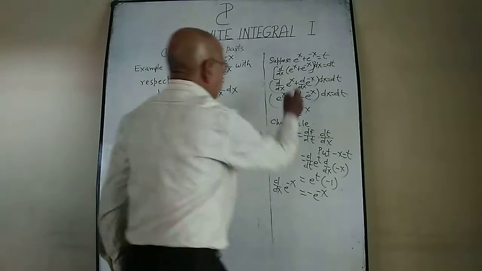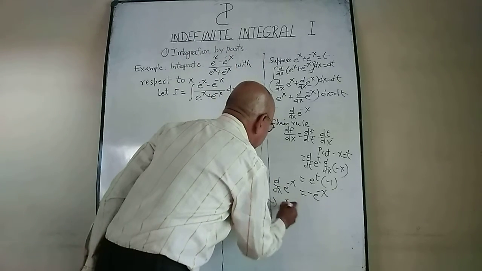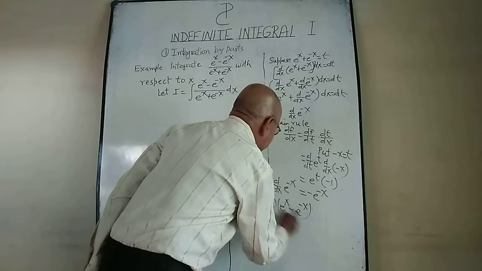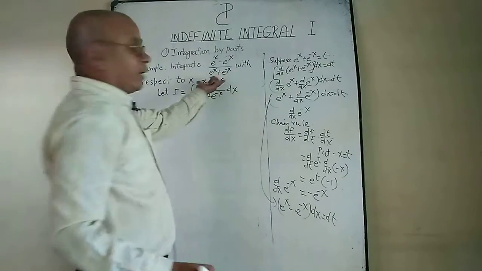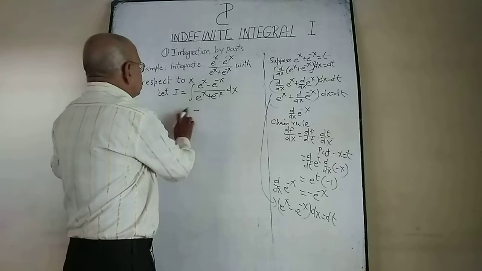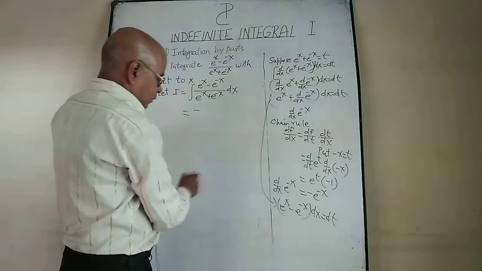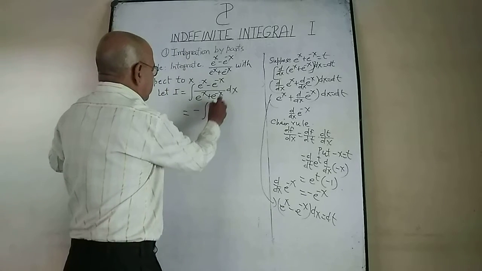So our complete differentiation is like this: e to the power x minus e to the power minus x dx is equal to dt, and this is our numerator, and the integral is written as minus dt upon t.